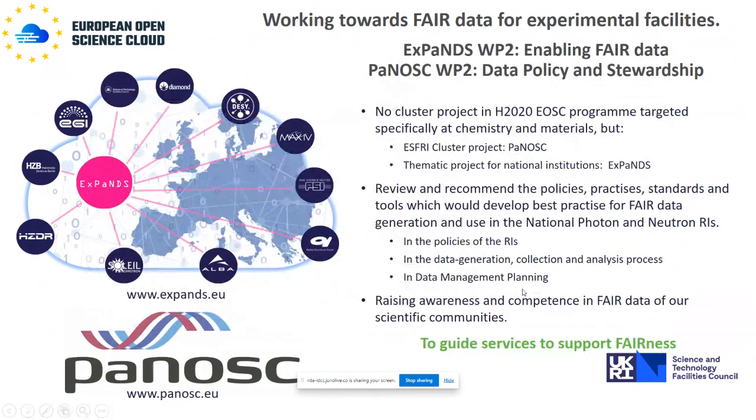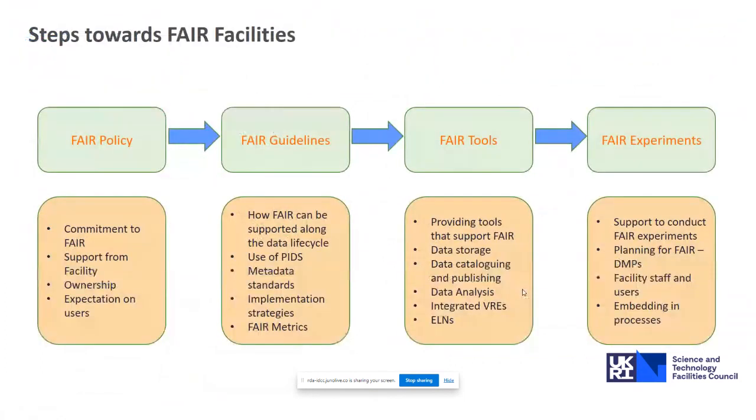So kind of how I see it, this project and in general is doing some steps towards FAIR facilities or FAIR science in general. And I think there are 4 things we need to do. Firstly, we need to set policies, the guidelines on what we're working to, with that commitment to FAIR, saying what the support of the facility is, clarifying what the ownership is, saying what the expectations on users are.